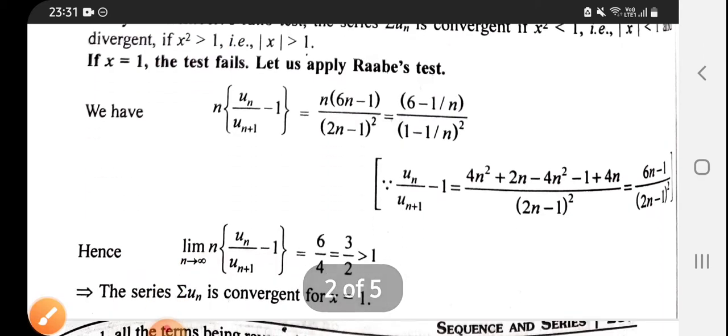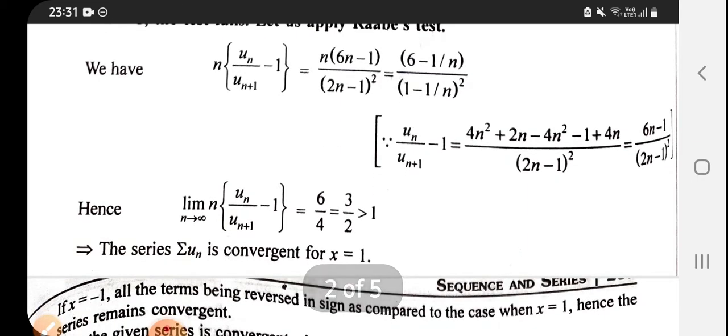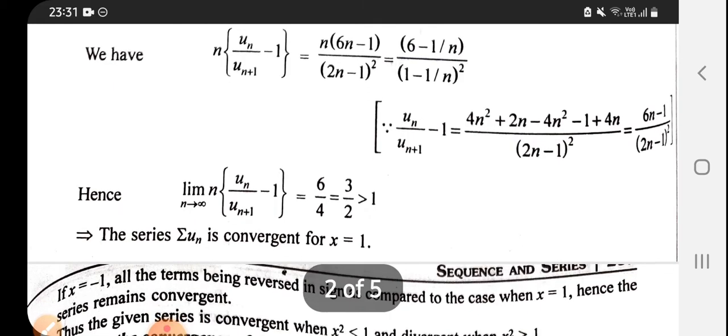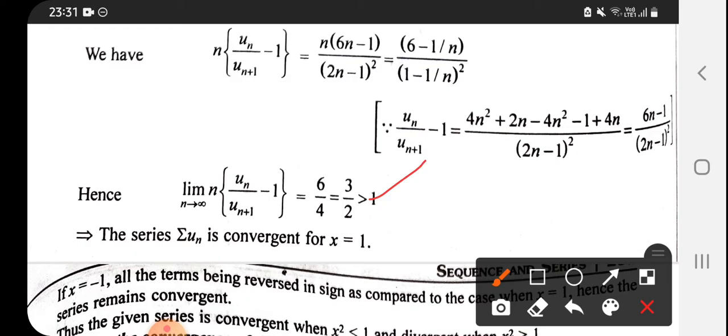We get this, and un upon un plus 1 minus 1 is this expression. Multiplying by n and applying the limit as n tends to infinity we get 3 by 2, and this 3 by 2 is greater than 1, that's why the series is convergent.